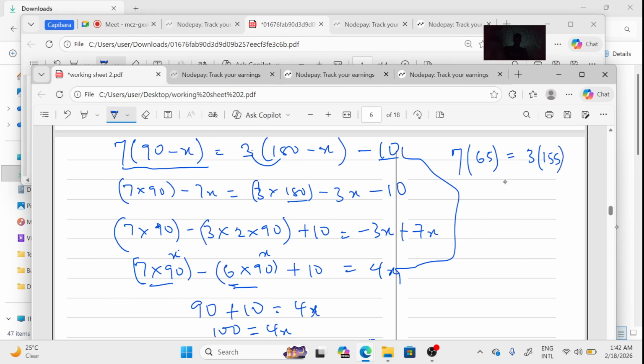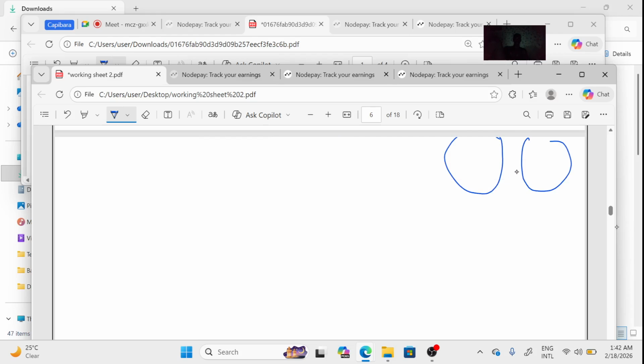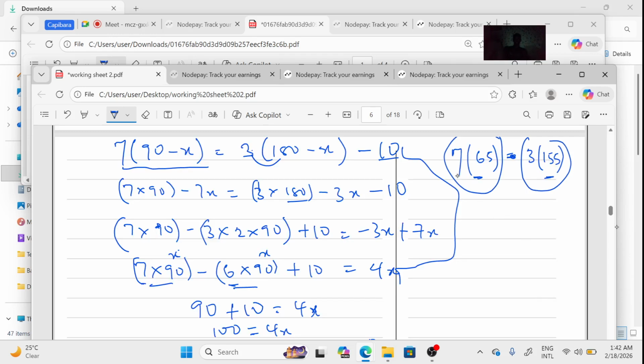So what I mean now is that if I subtract this from this, I should be having just 10. Sorry, my screen is loading. So if I do that, 7 times 65. 7 times 6 is 42.